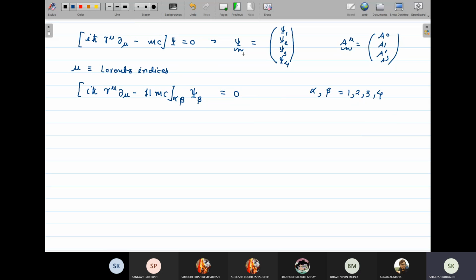Now, once we have this 4 component object, we can define its dagger. In general, these entries psi 1, psi 2, psi 3 are complex functions, so the dagger gives psi 1 star, psi 2 star, psi 3 star, and psi 4 star.